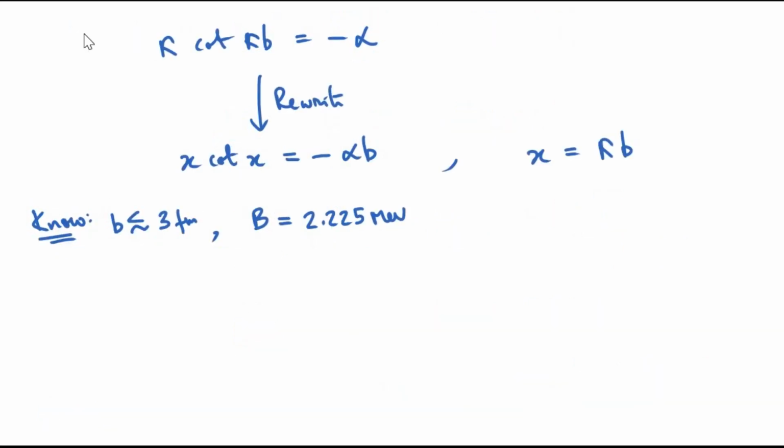So if we use these values of B as well, then from here we will get alpha is equal to 0.232 Fermi meter inverse, and this gives us alpha into B less than or equal to approximately 0.7.